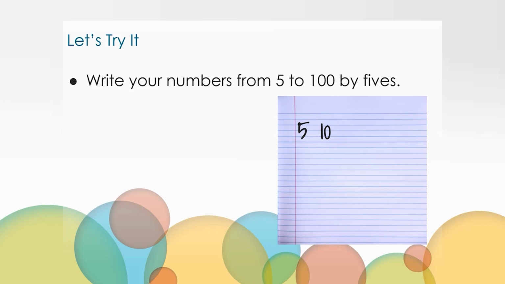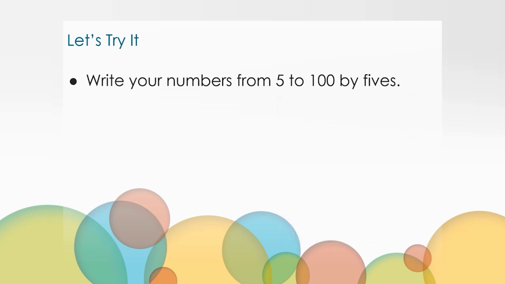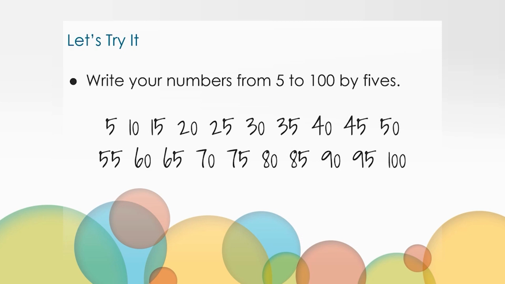If you're not done, it's okay. You can check to see what numbers you've written down, okay? Here are the numbers I wrote down. 5, 10, 15, 20, 25, 30, 35, 40, 45, 50, 55, 60, 65, 70, 75, 80, 85, 90, 95, 100.